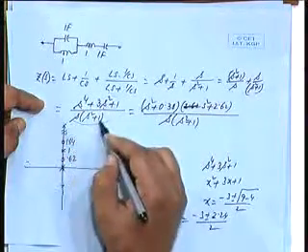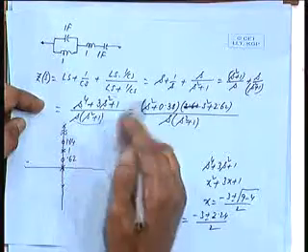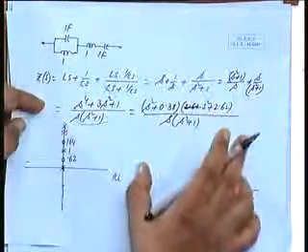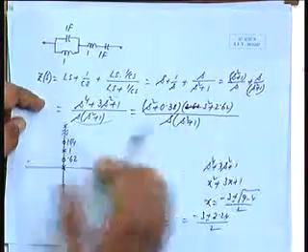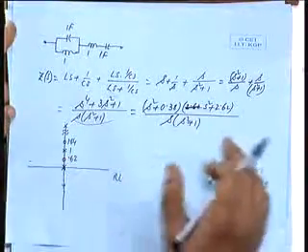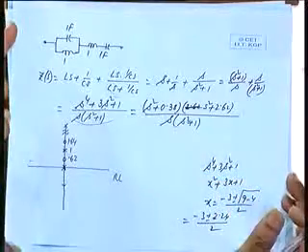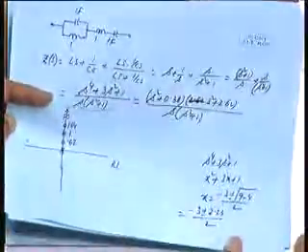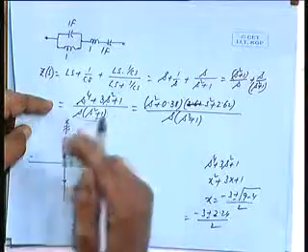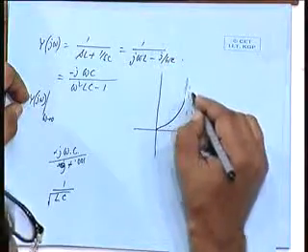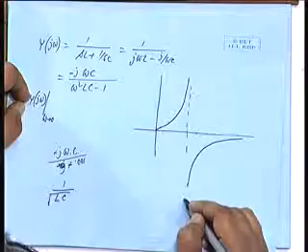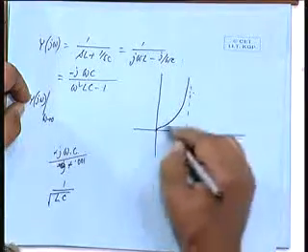If you put s equal to j omega and take out only the j, you will get X. If you sketch X against omega, at those poles the function will try to blow up to infinity, and when you just cross over that pole, it will start from negative infinity. So this will be the nature of variation.